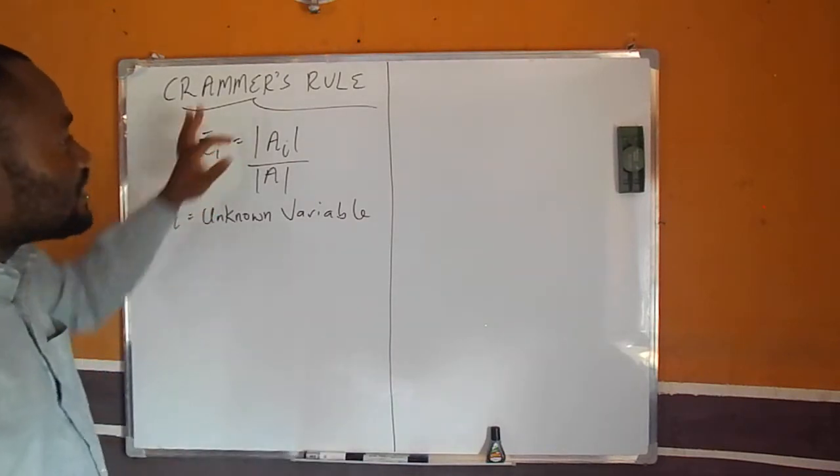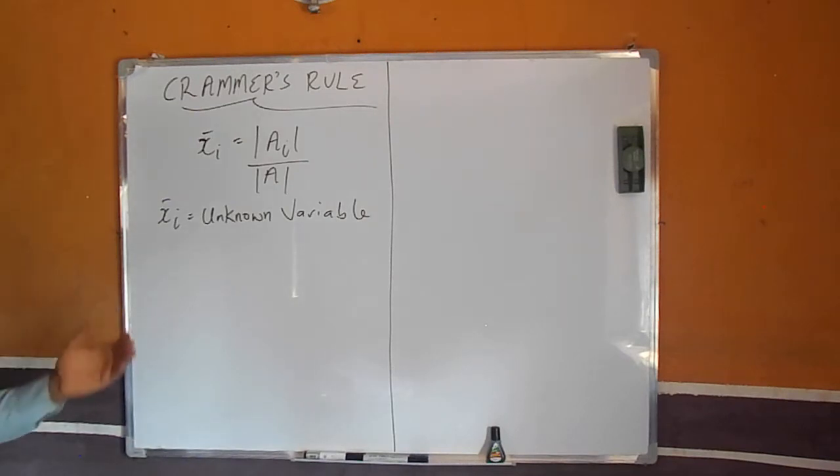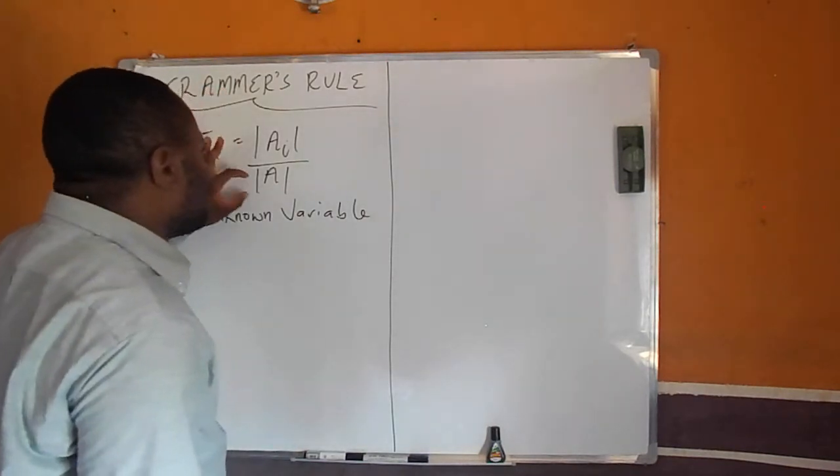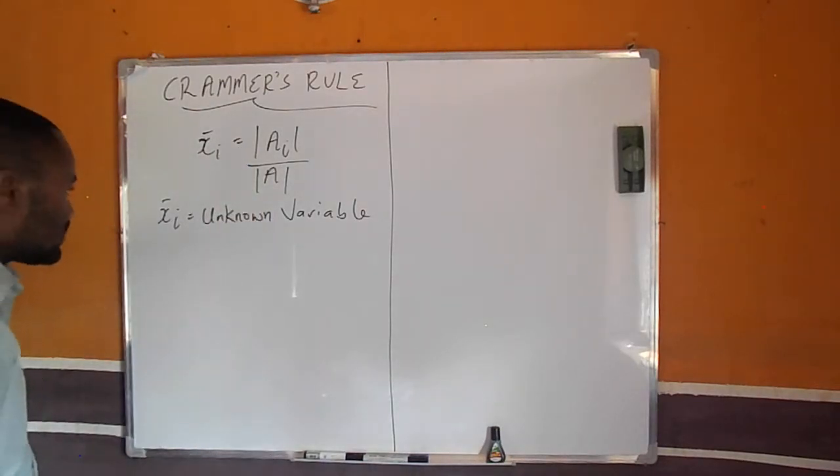Now, using Cramer's rule, we say that the unknown equals the special matrix divided by the determinant of the coefficient matrix. The numerator is the special matrix.